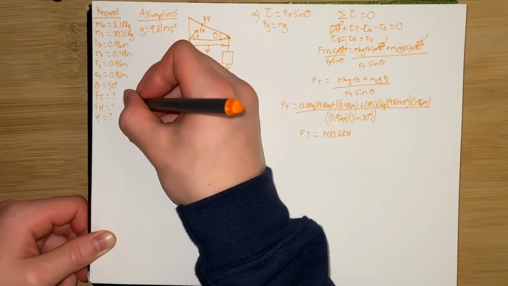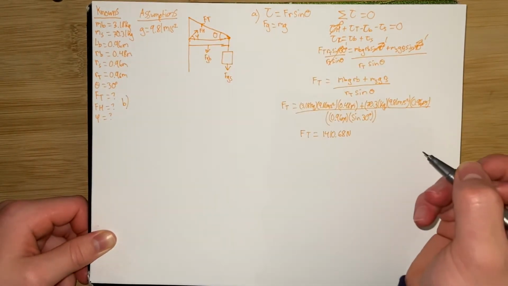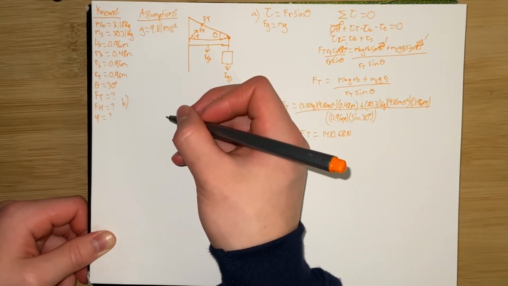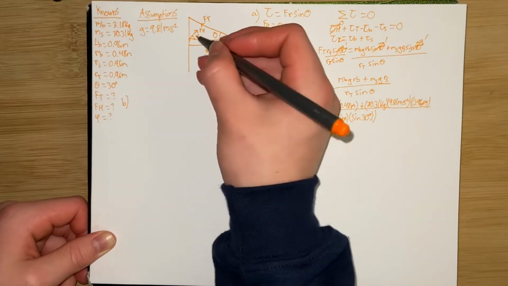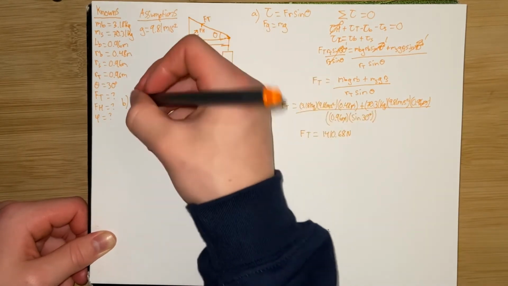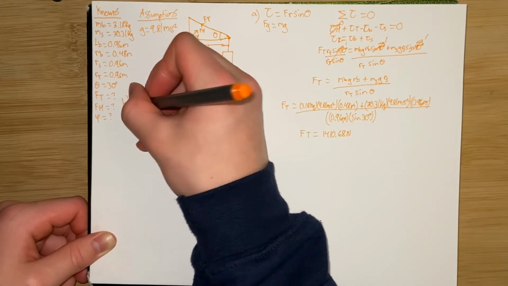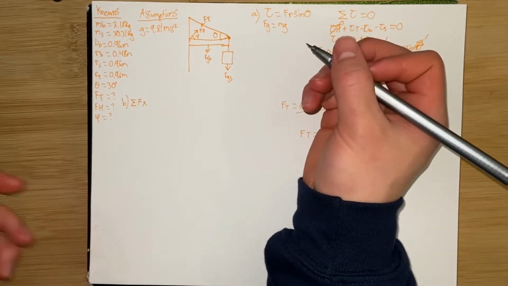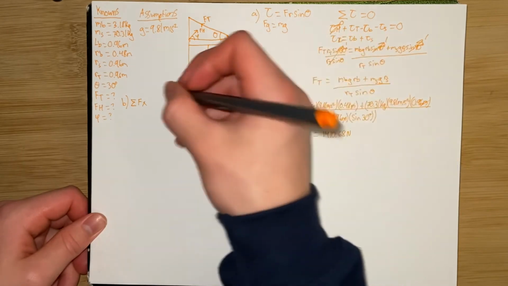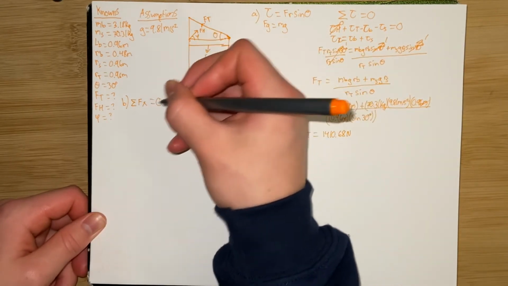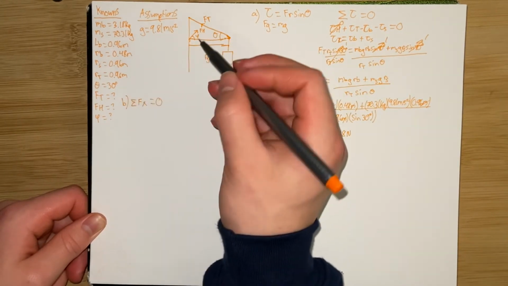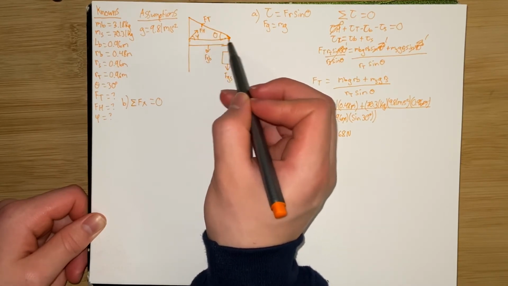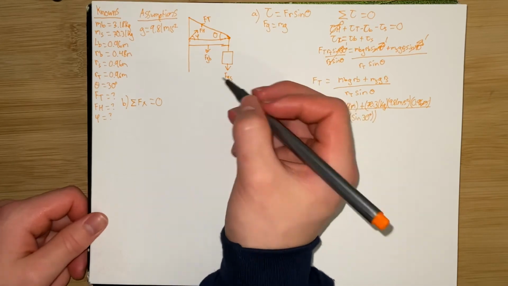So for B, let's start with the sum of the forces in the X to give us one component of the force of the hinge. So sum of the forces in the X direction, and as we know, we are in static equilibrium, so it is going to equal 0. So as we look at it, we have two. So we have FHX, which will be acting here, and FTX, which will be acting here opposite to each other.